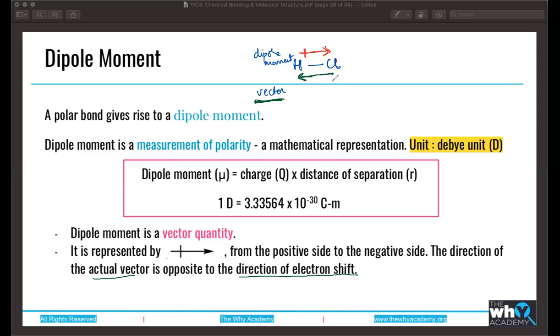If you want to represent it with something like 3i minus 4j or whatever it may be, the direction of the mathematical vector quantity is going to be opposite to the actual shift of electrons.